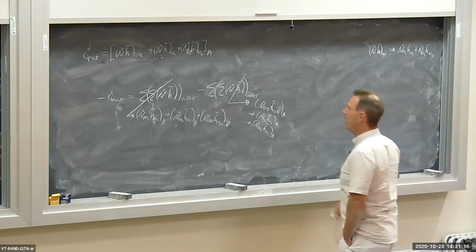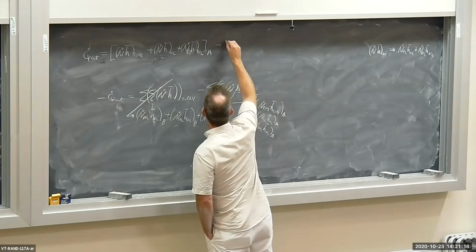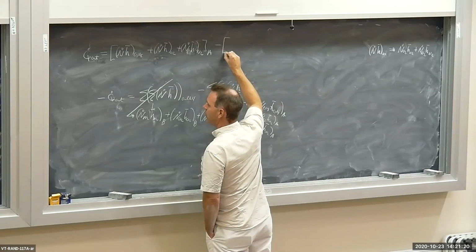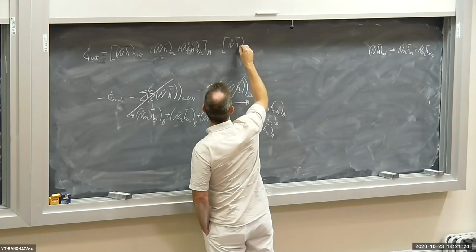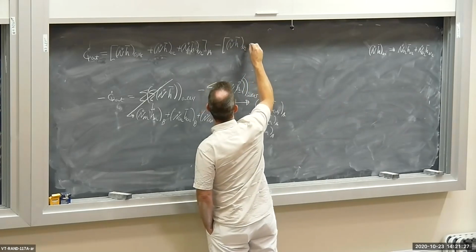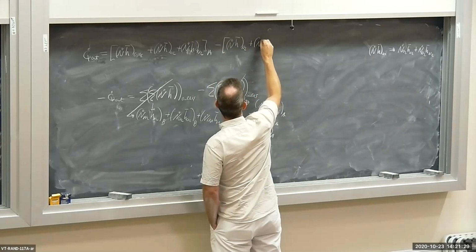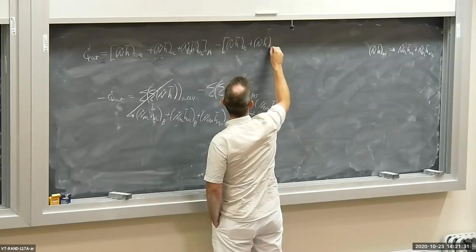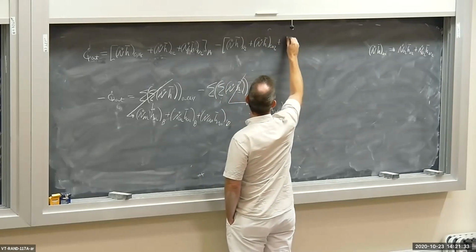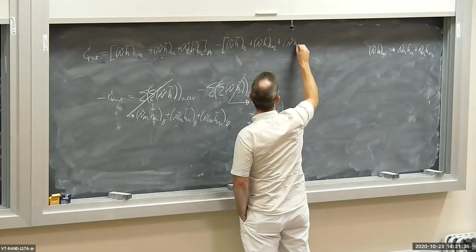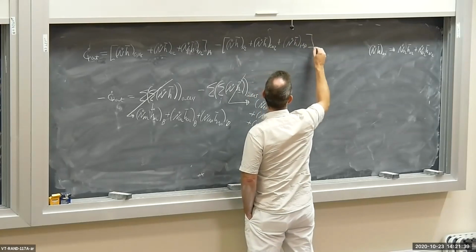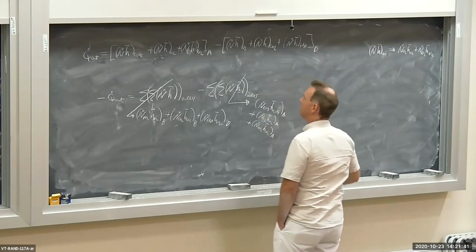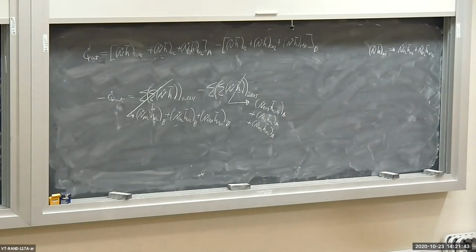And then I've got minus a bunch of stuff evaluated on the product side: N dot H bar N2 plus N dot H bar CO2 plus N dot H bar H2O, evaluated at the product side.